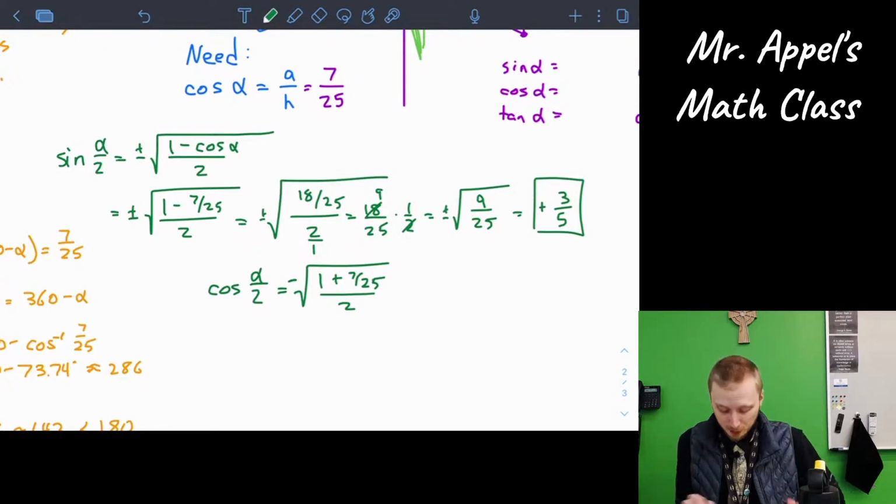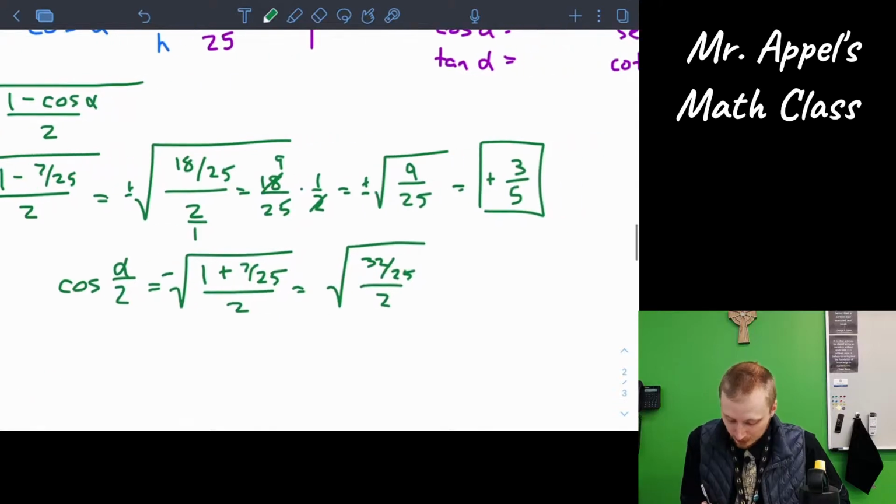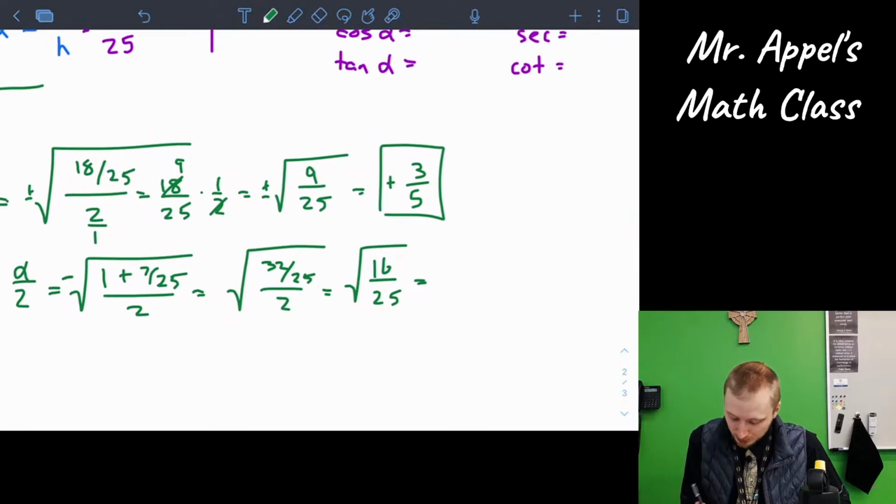So 25 over 25 plus 7 over 25 equals 32 over 25. Half of that is 16 over 25. Square root of 16 is 4, square root of 25 is 5, so that should be 4/5.